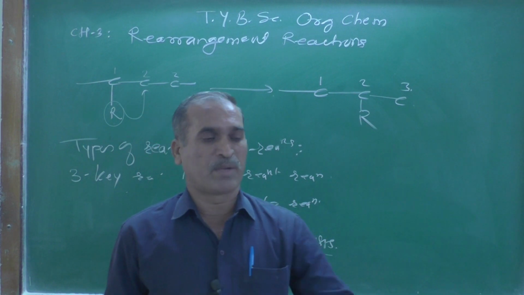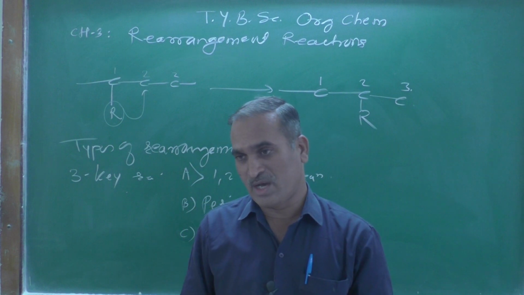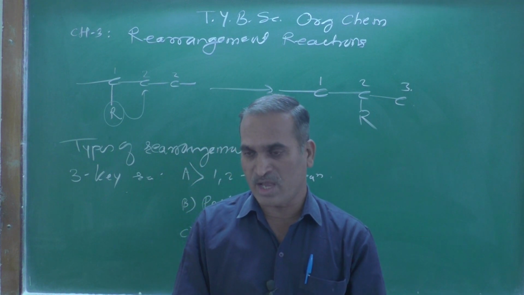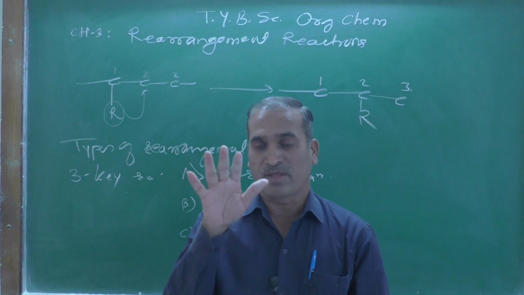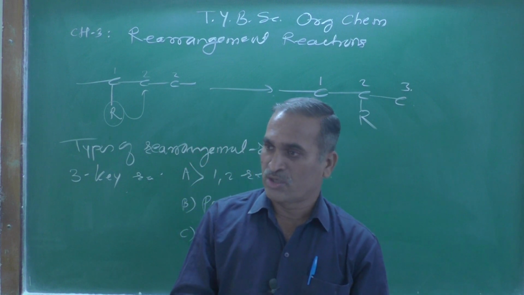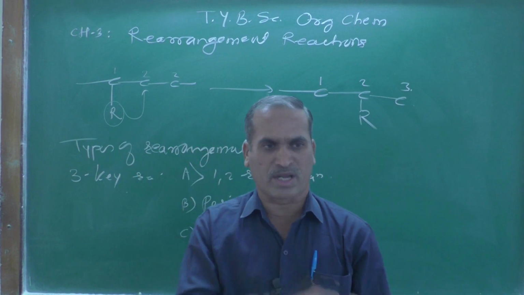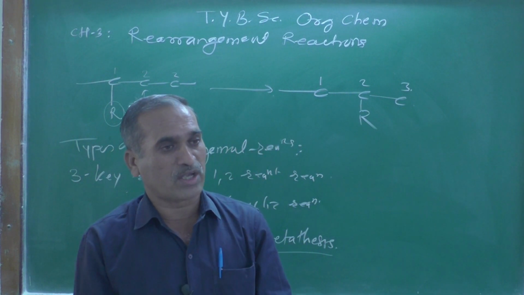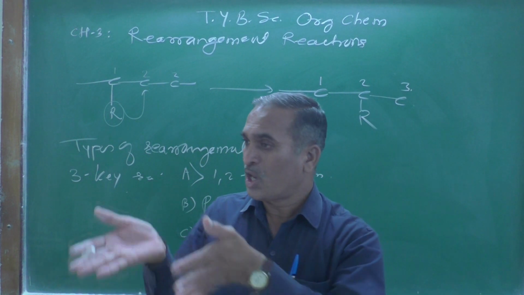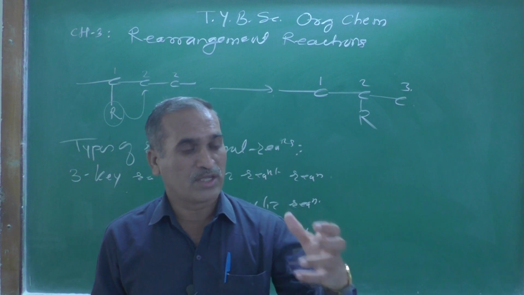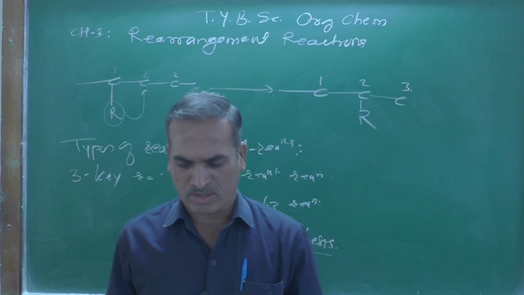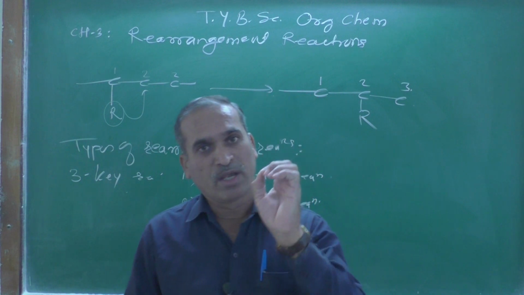I have named here the applications of these rearrangement reactions, why we are learning them, and what the purpose behind them is. Each and every rearrangement reaction has applications in chemical industries, and we will see in which fields, for example in plastics.